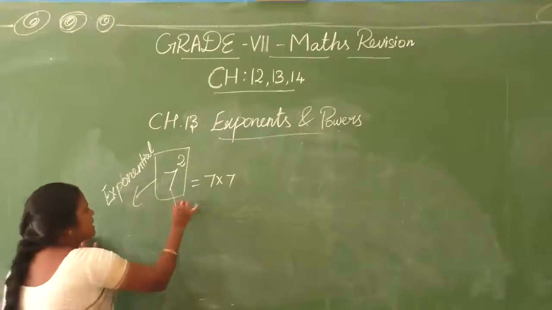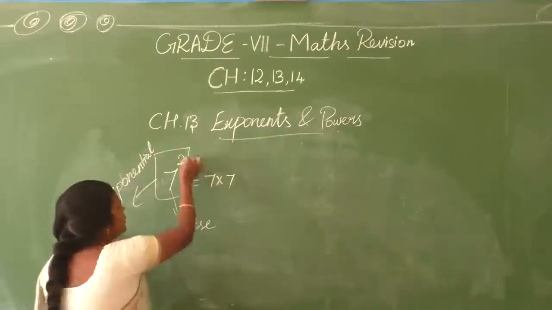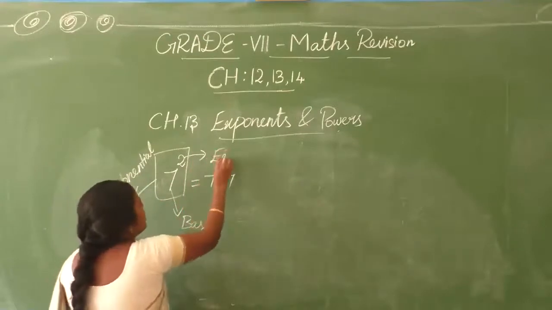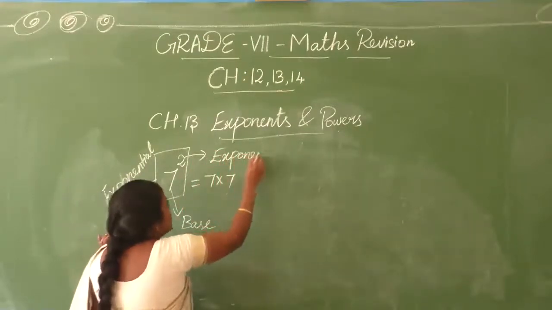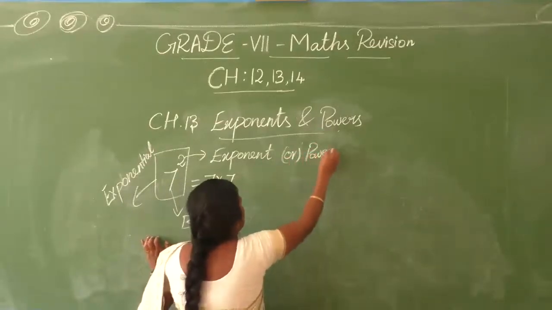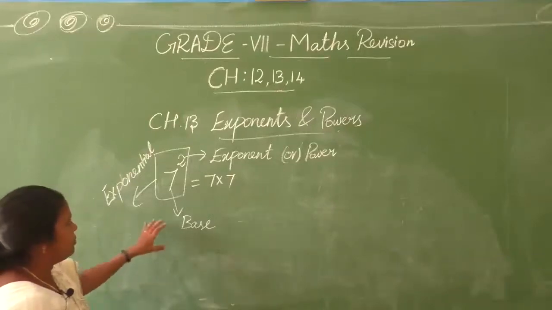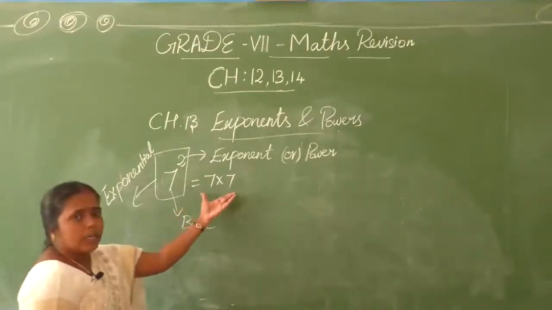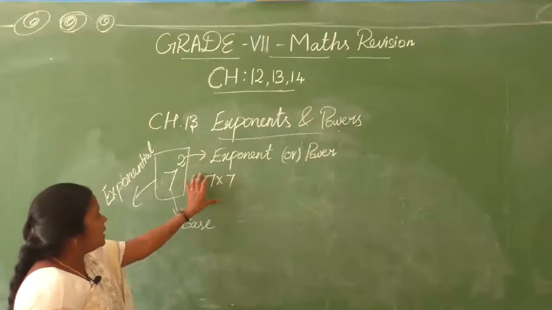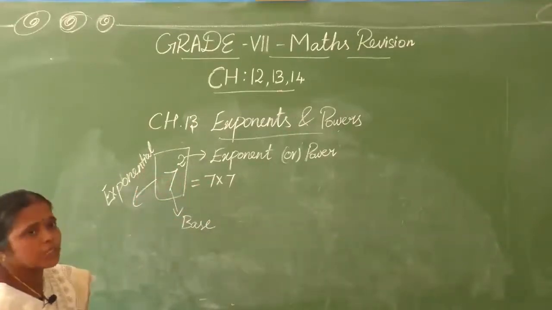In that, 7 is called the base. The 2 is called the exponent or power. Understood or not? While multiplying any number by itself, we can write that answer in short form using exponential form.